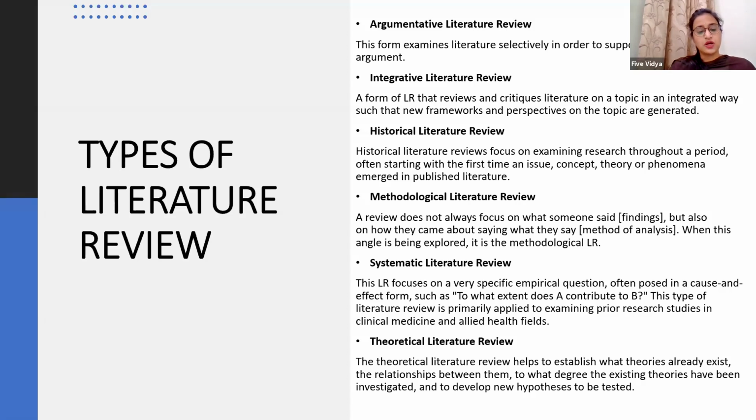So let's say your study is related to some theoretical part, especially within science, technical and engineering research. There we use this theoretical literature review, wherein we talk about the theories which already exist regarding a specific topic. So these are the different types of literature review which you can use depending upon your subject area.